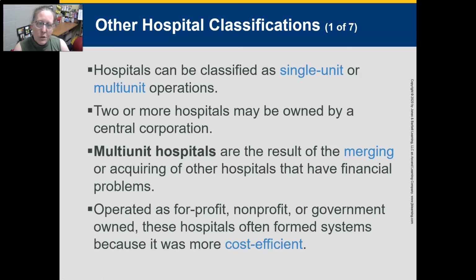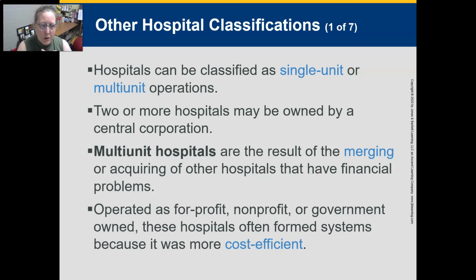So hospitals can also be classified as single units or multi-unit operations, although I must say with the need to stay financially afloat, a lot of hospitals have gone into multi-unit operations. If there are two or more hospitals owned by a central corporation, that's an example of a multi-unit operation.